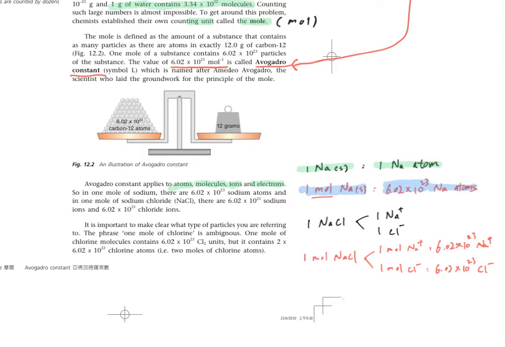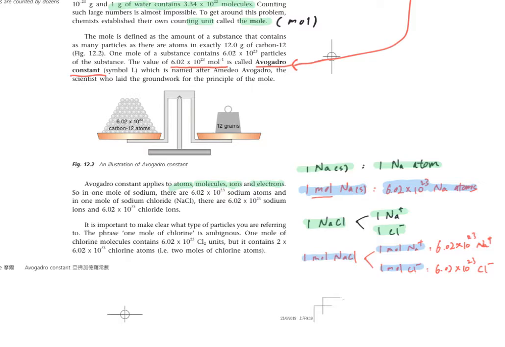And now for the compound sodium chloride. 1 sodium chloride contains 1 sodium ion and 1 chloride ion, as sodium chloride is an ionic compound, so it consists of 1 cation and 1 anion. So 1 mole of sodium chloride contains 1 mole of sodium ions and 1 mole of chloride ions.